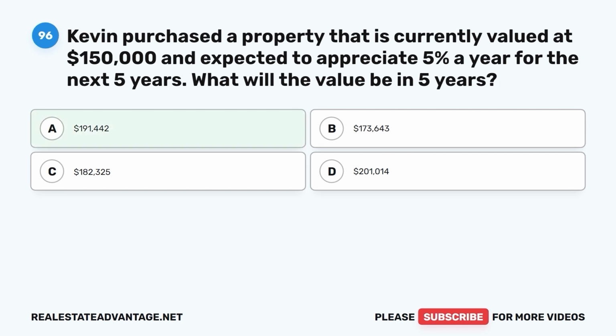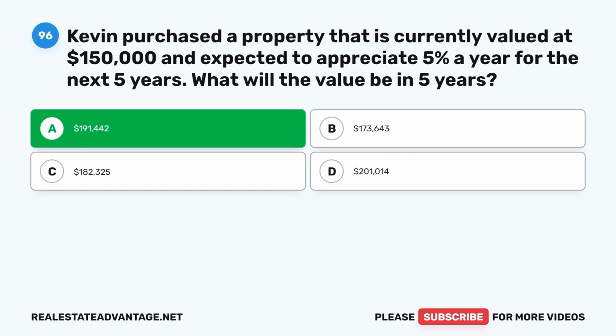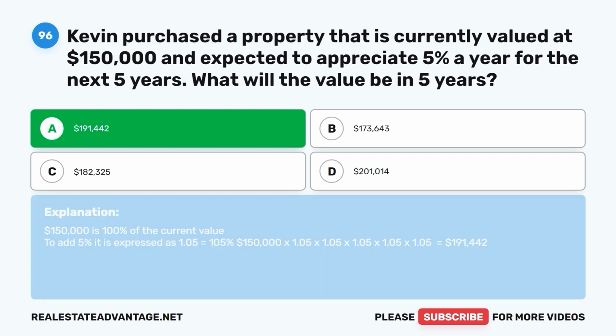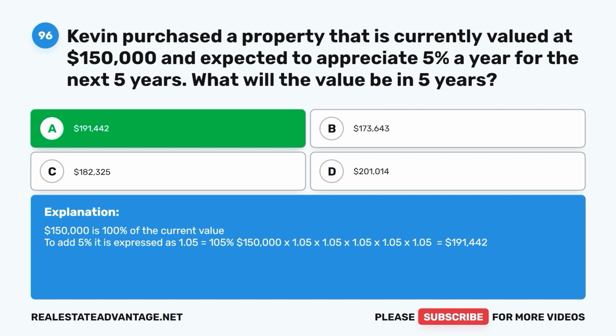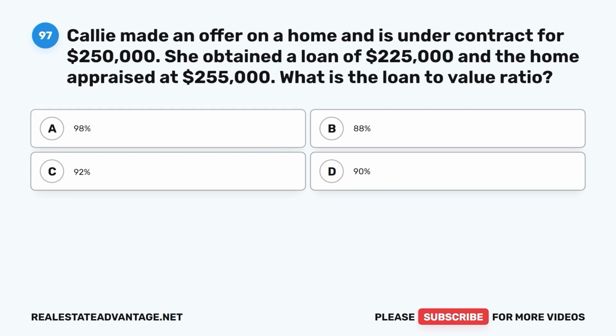The correct answer is A. $191,442. $150,000 is 100% of the current value. To add 5%, it is expressed as 1.05, which equals 105%. $150,000 times 1.05 five times equals $191,442.